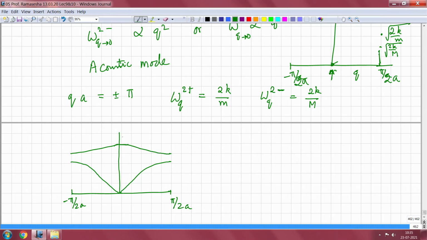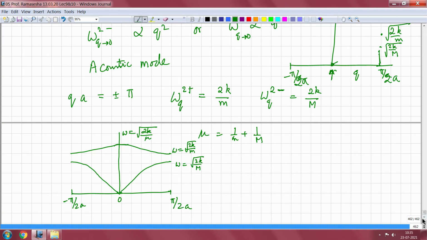Okay. So this is omega equal to square root of 2k upon mu, where mu is given by 1 upon m plus 1 upon capital M, and this is omega equal to square root of 2k upon small m, and here it is 0 going as linear, and this one is omega equal to root 2k upon capital M.